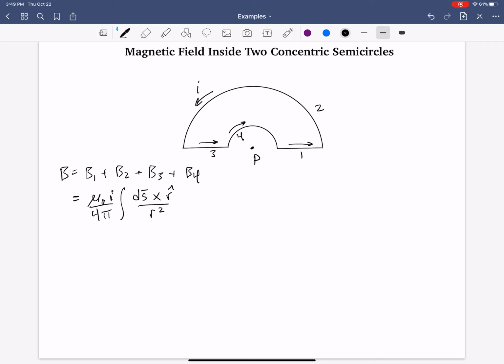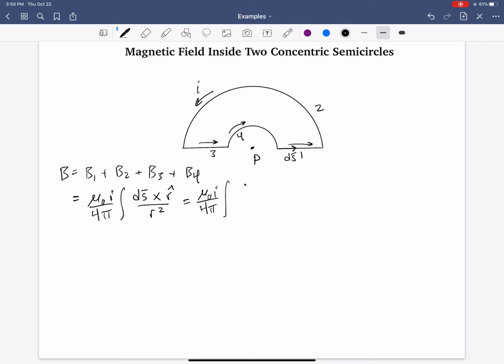All right. So segment by segment. In section 1, let's do Biot-Savart for that. Integral. We'll see what our limits are shortly. The ds vector points in the direction of current. So let's say for 1 we go that way, right? That's our ds.